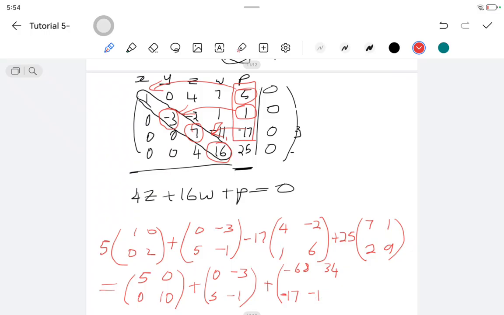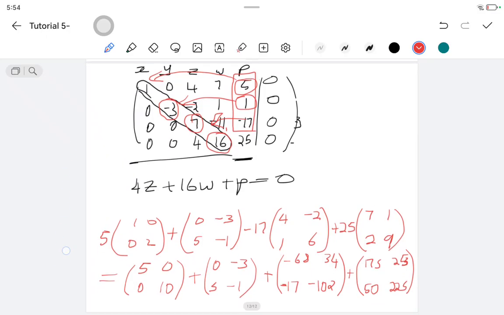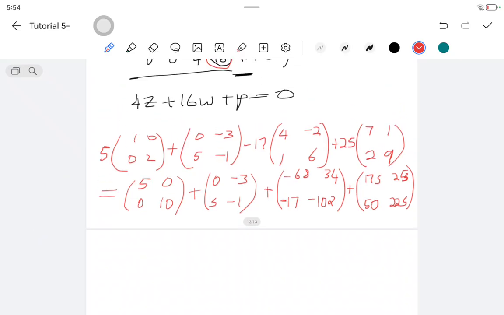Minus 17 times 6, right? 102, plus this one is 7 times 25. So 175, 25. Then this is 50. 25 times 9, 225. Then let's add this and see if we're going to get the last vector.